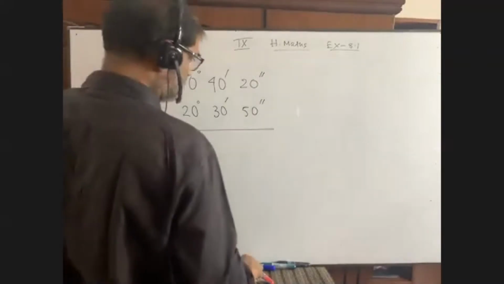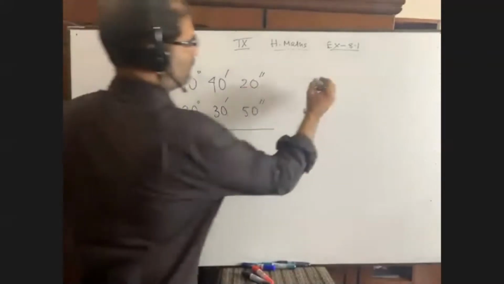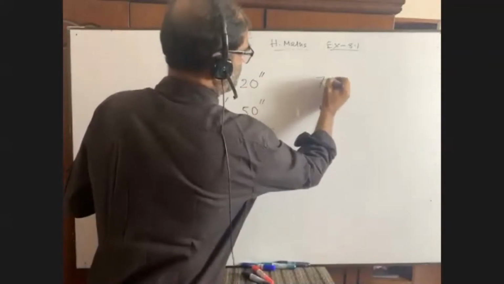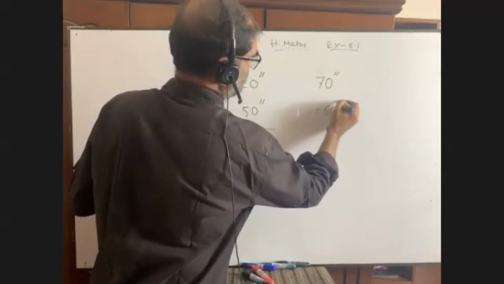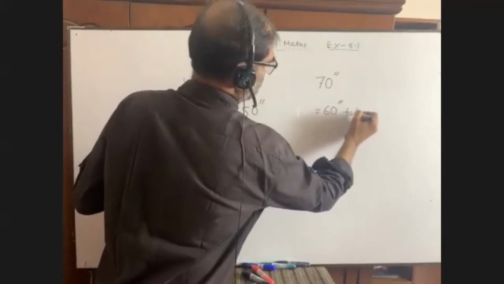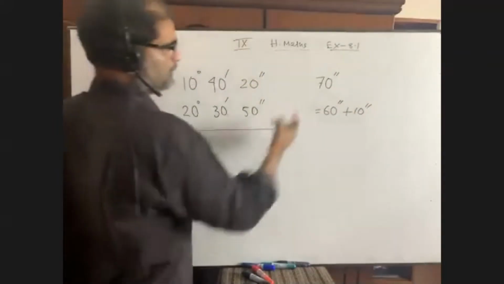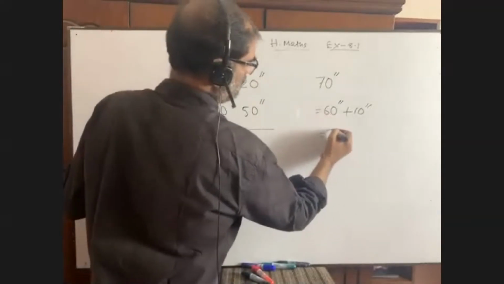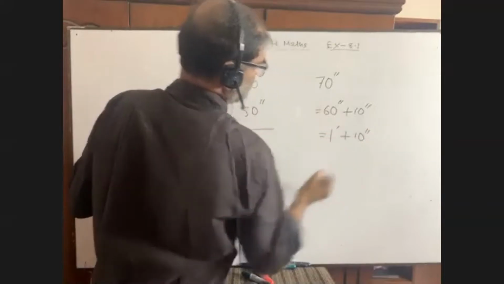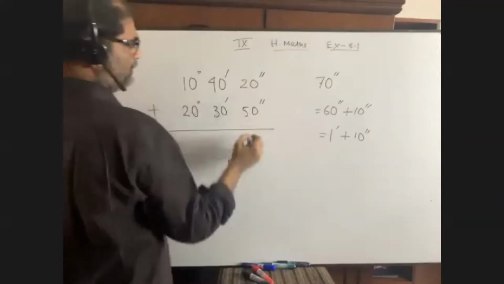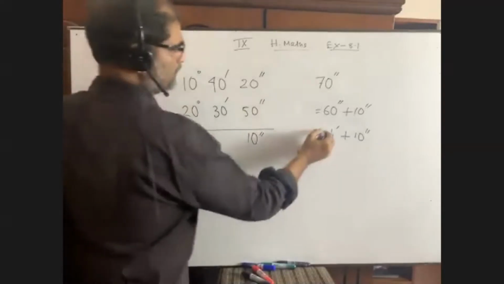You see, it is 70 seconds. So 70 seconds means what? We can write 60 seconds plus 10 seconds, right? So 60 seconds means 1 minute plus 10 seconds. So here it will be 10 seconds, and we are left with 1 minute.